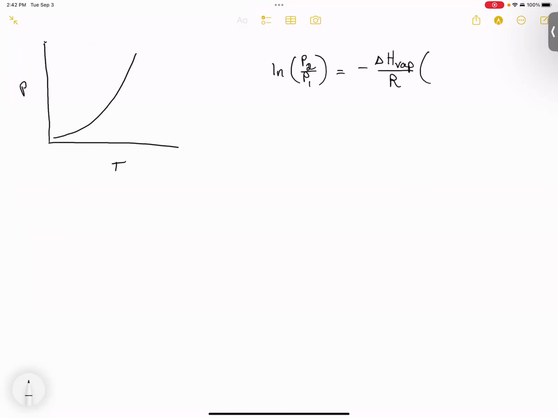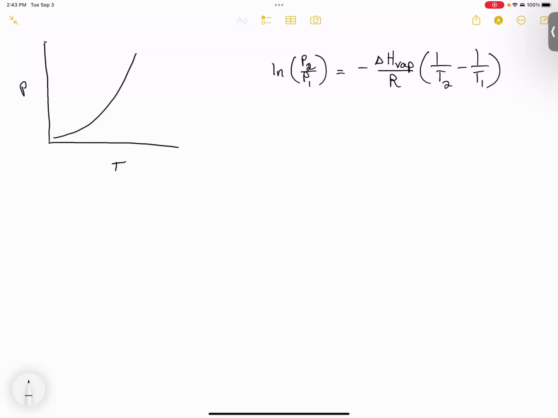That line gives us the equation: natural log of P2 over P1 is equal to negative delta H of vaporization over R times 1 over T2 minus 1 over T1, which is known as the Clausius-Clapeyron equation.